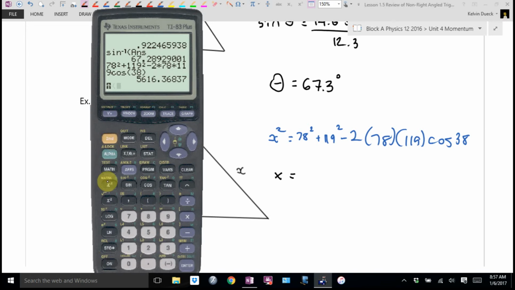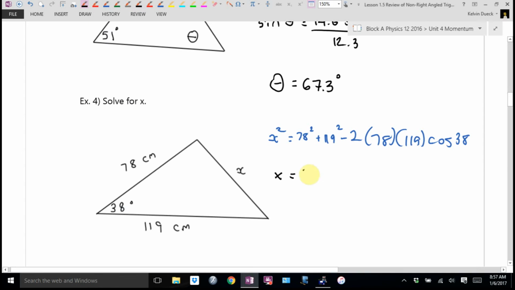Square root. 74.9? Yeah. I'm into centimeters for some reason. Okay.